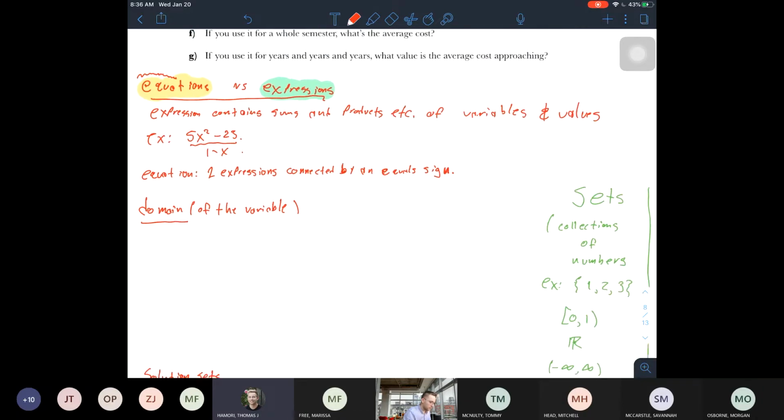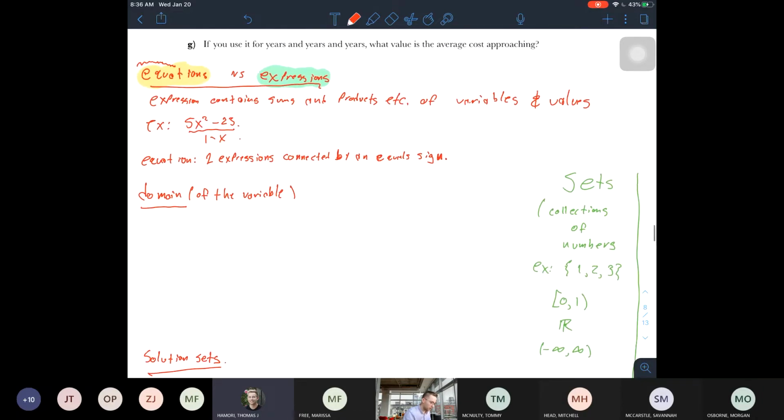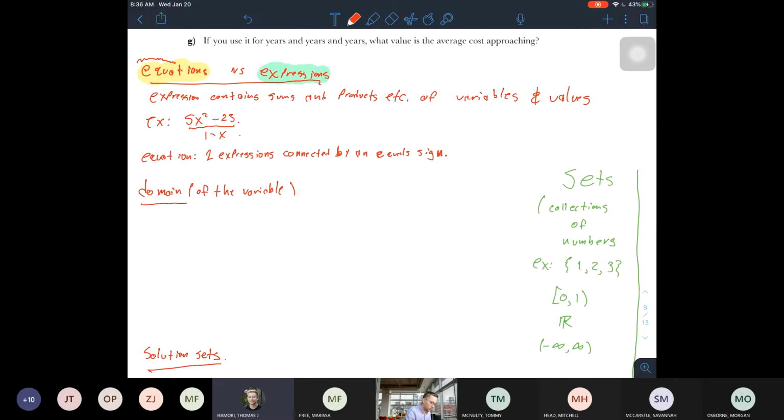So if we have an equation, let's have an example. It could be something like 2x minus 3 equals 74. There's an equation.